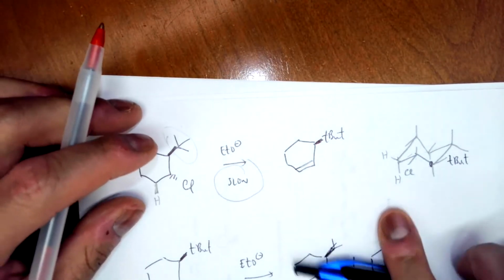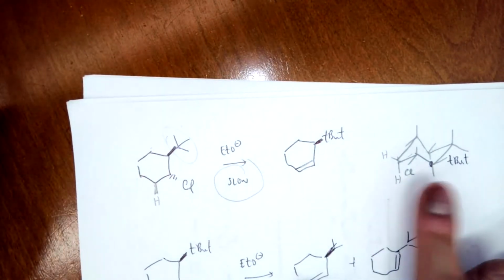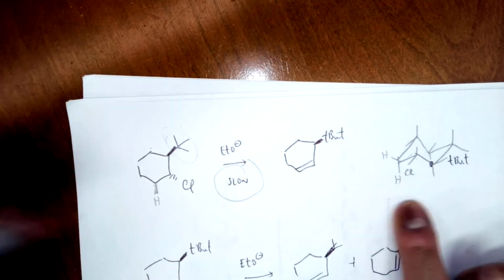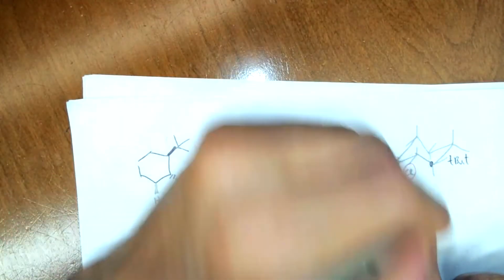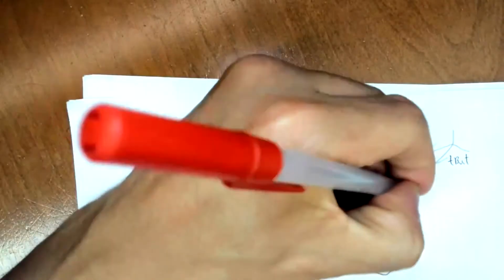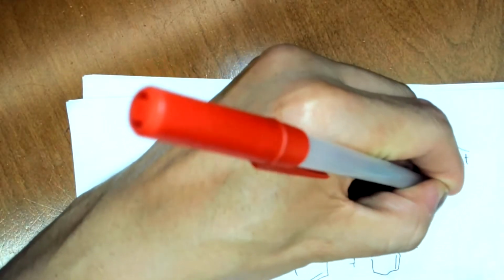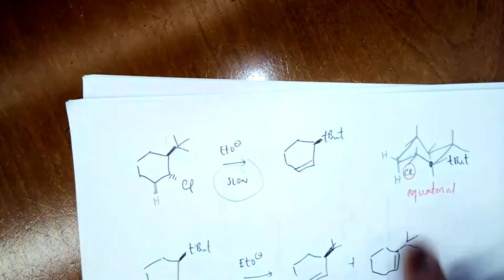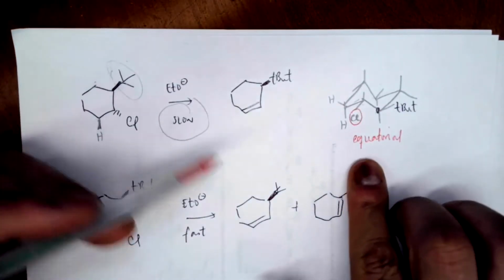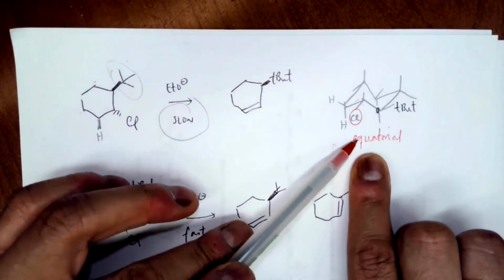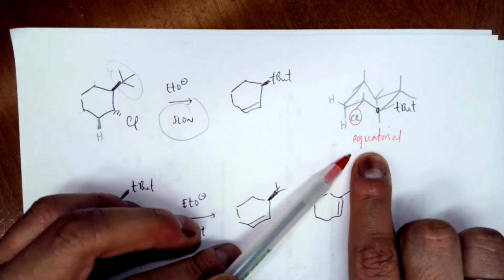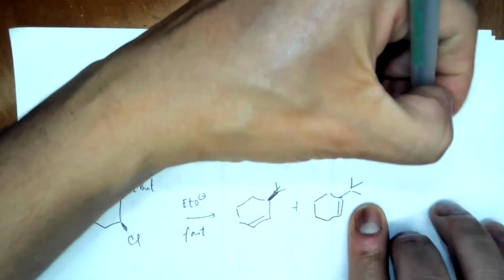Okay, now I see why it is slow, because the chlorine is occupying the equatorial position. What is the problem with chlorine occupying the equatorial position? It cannot undergo an E2 reaction in equatorial. I need it axial.